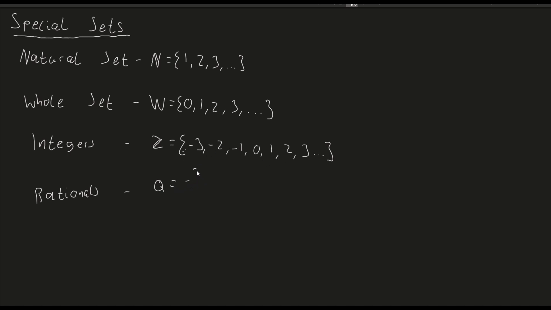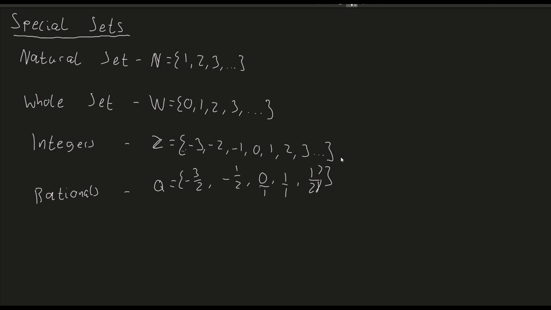So we could have -3/2, we could have -1/2. You could also have 0 as well. You could also have 1, because remember, all these numbers we can just divide by 1 and we'll get that again. So these can all be expressed as a division of two integers, and we could have 17/28. We can have all kinds of different things, but essentially it's all the numbers that you can make by dividing two integers together.